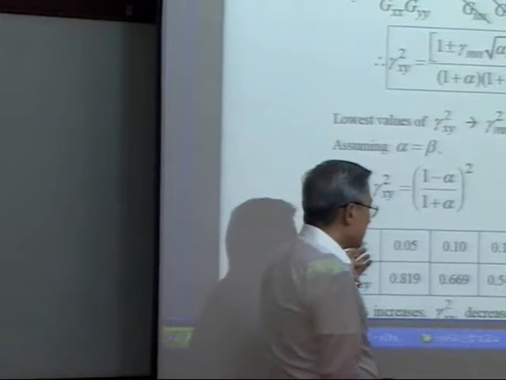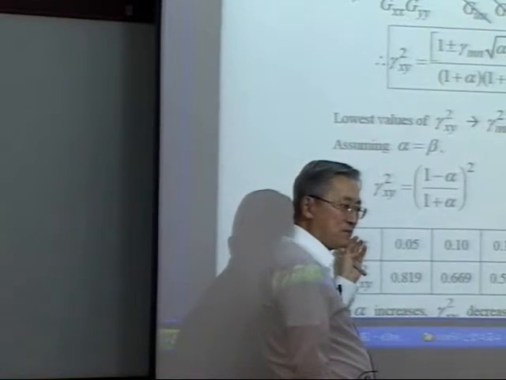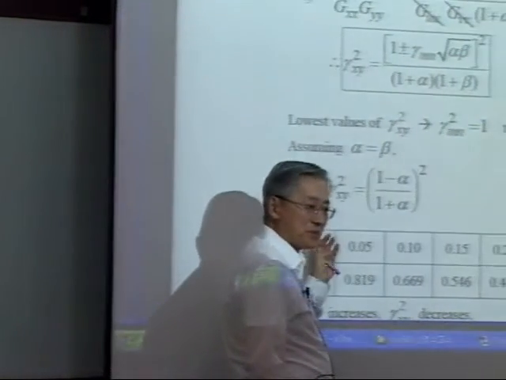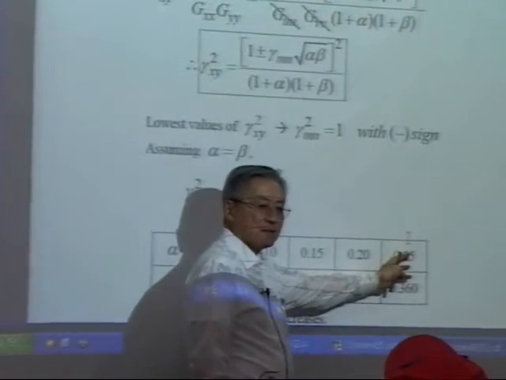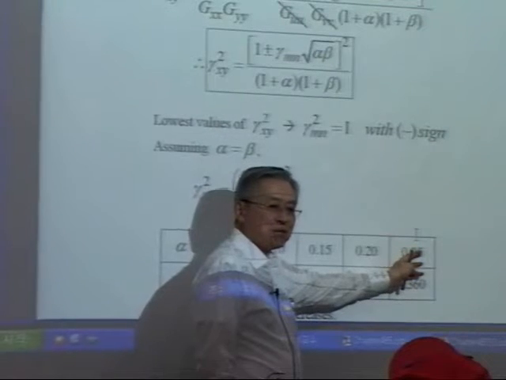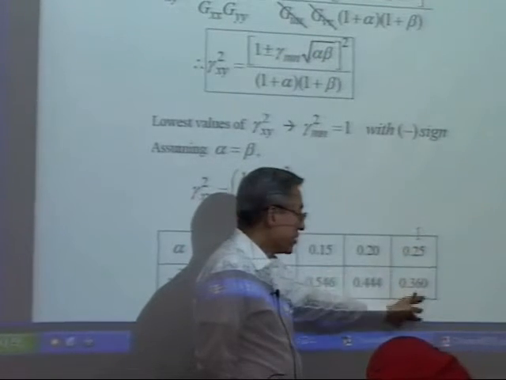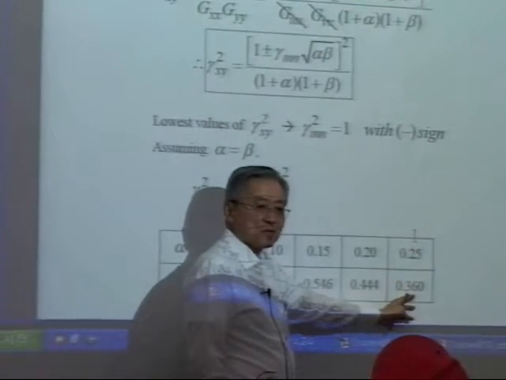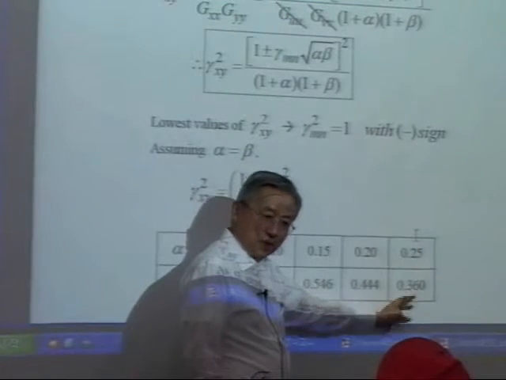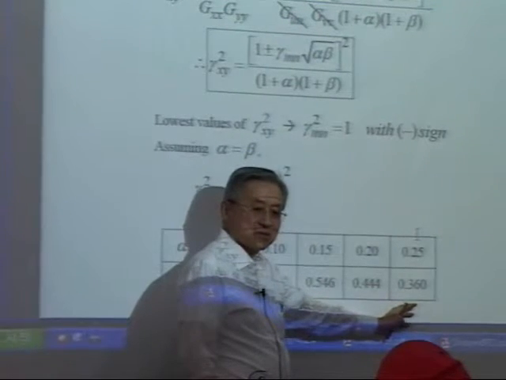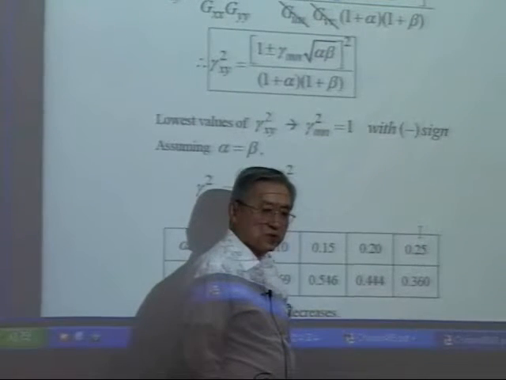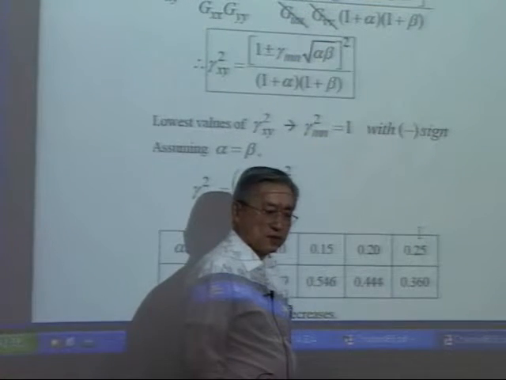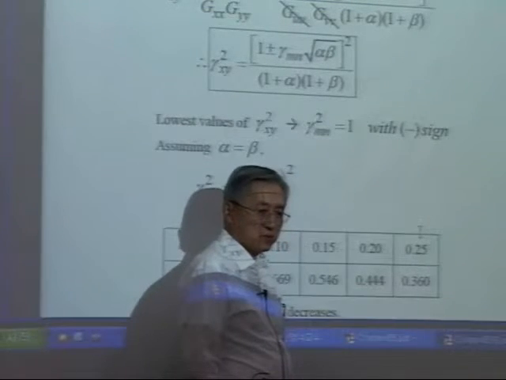But as alpha, which happens to be beta here, increases to 25%, you see gamma_XY squared goes down to 0.36, approaching 0, which means lots of noise contamination is there. Not a good system to build.